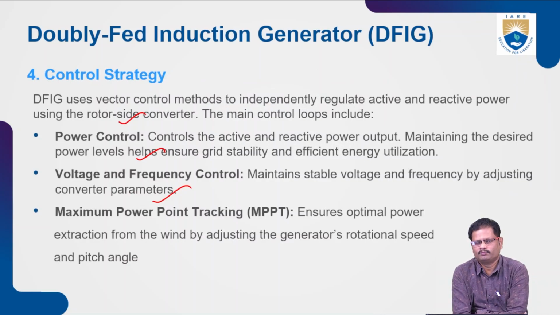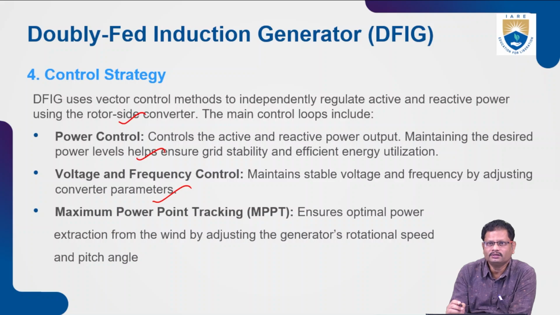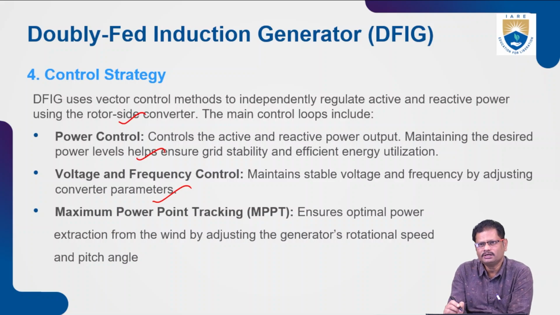Here in power control, the power means active and reactive power, and the output power is controlled. By maintaining the desired power levels, it increases grid stability and efficient energy utilization.